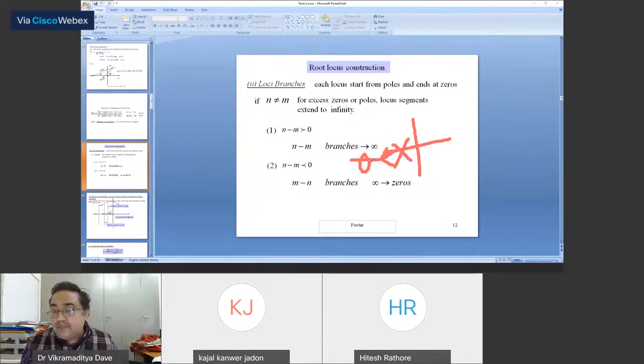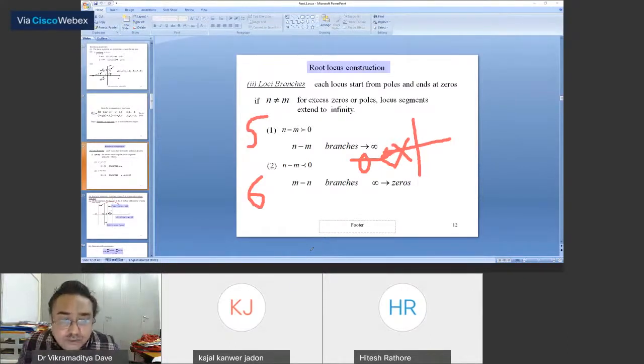Now suppose I say the numerator degree is 5, denominator degree is 6. So you will say how many root locus will be there? There will be 6 root loci. Then you will ask, sir, if every root locus starts from the pole and terminates in zeros, then how can this combination happen?